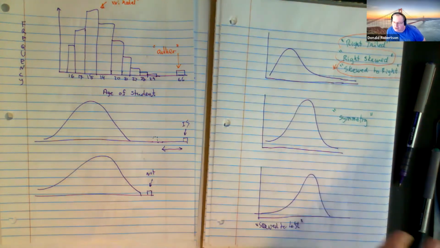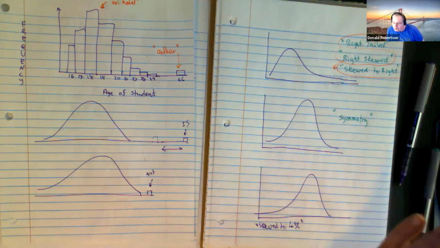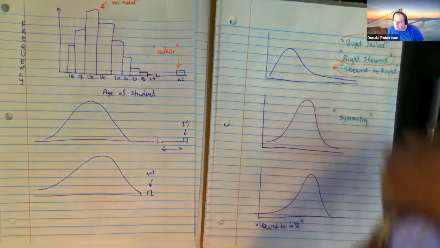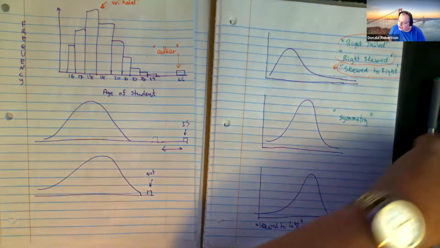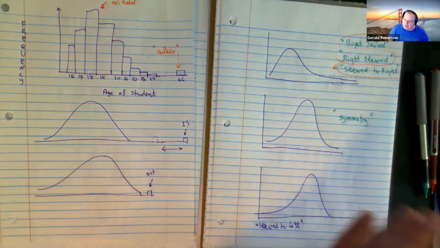Most of the descriptions from here onwards are going to be about unimodal shapes, mostly because when you collect data, almost all the time, it's pretty much unimodal. Sometimes you get random data that has no shape to it at all, which is kind of boring, because you can't get anything useful out of it. It's helpful if it does have a shape, isn't it? It's got a pattern to it.